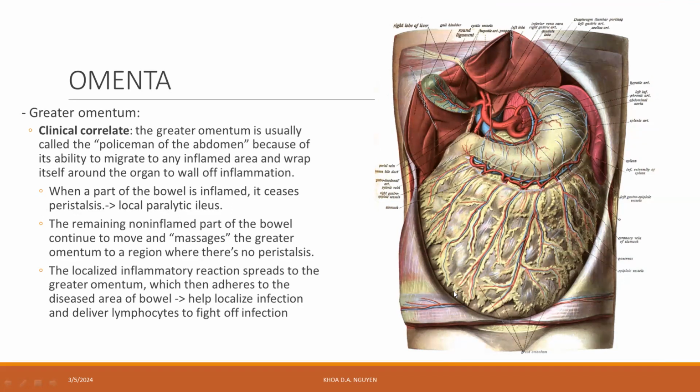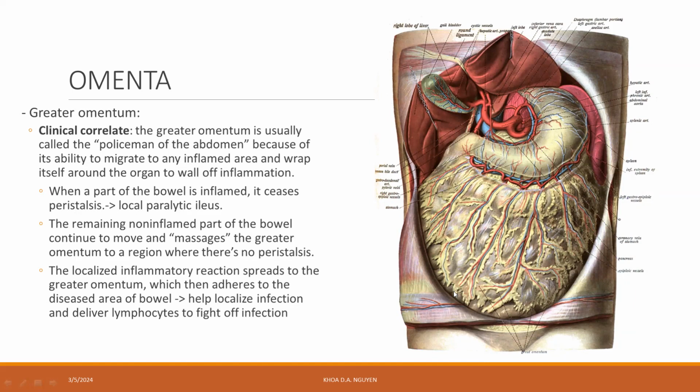And that becomes one of the signs that is quite important in ultrasonography as well as in radiology in general: the fat infiltration sign. When you see that an organ in the abdomen is surrounded by fat on a CT or on ultrasound, there is a good chance that that organ has been inflamed, and the greater omentum, which contains fat, is going to go over there and drape over the organ so as to protect the organ and to wall off the inflammation, preventing it from spreading elsewhere.